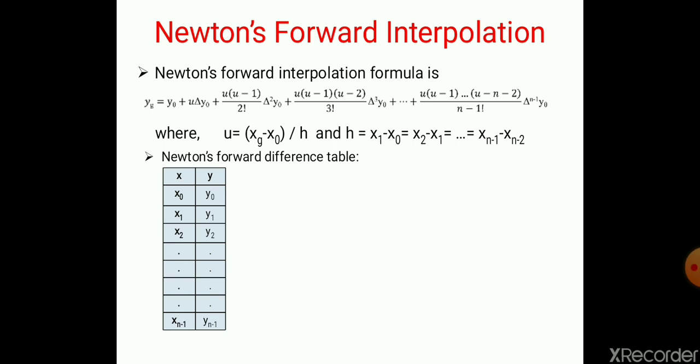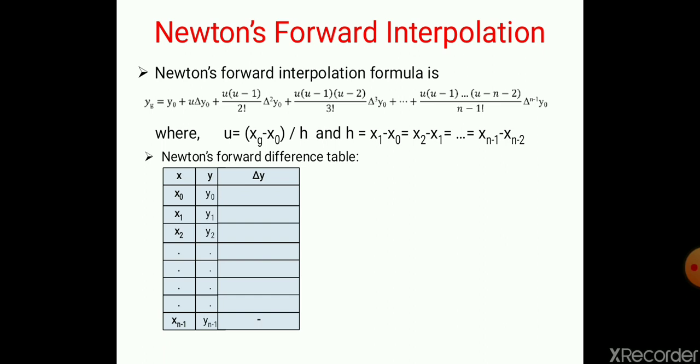So Newton forward difference table is what? Initially we have values of x, that is x0, x1, x2 up to xn minus 1, and for the respective x we have values of y, that is y0, y1, y2 up to yn minus 1. So first difference is what? Del y0 is y1 minus y0. Second is y2 minus y1.